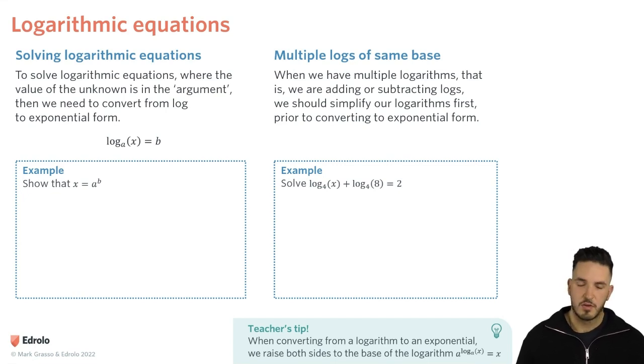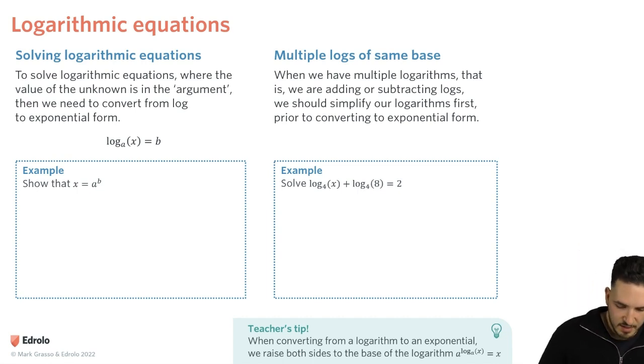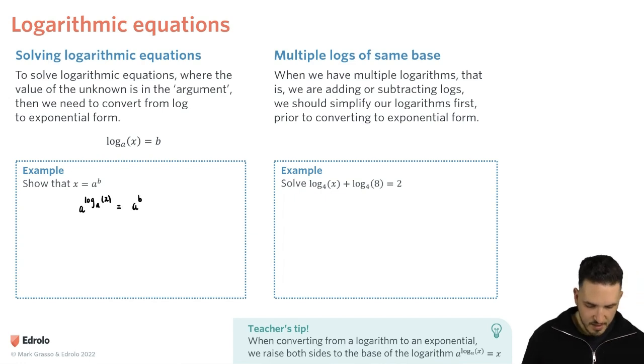To undo a logarithm, we raise both sides, or use the base of that logarithm to make it the base of both sides, essentially. So what would happen here would be we would have a to the log a of x equals a to the power of b.